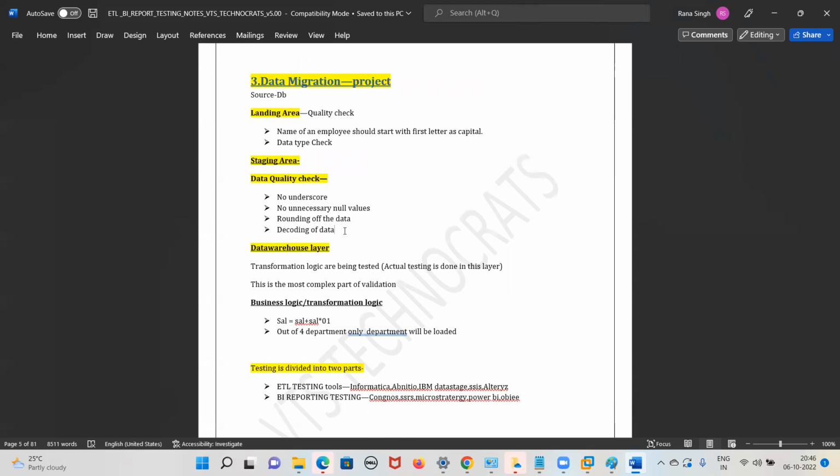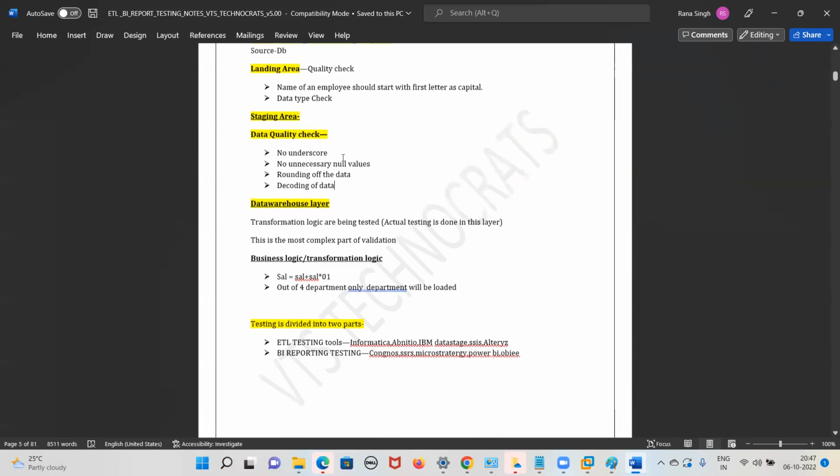Department number is 20, represent it with CSE. And for other departments, you can write other. So these kinds of validations we do in the staging area: no underscore, no unnecessary null values, rounding of the data, decoding of the data. And in the landing area, the name of the employee should start with a capital first letter, and the data type check.